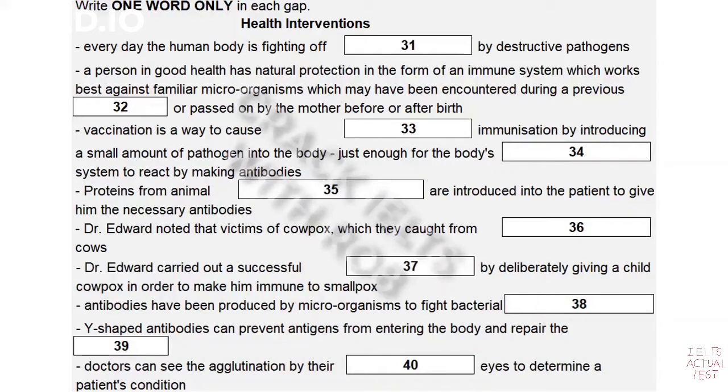Actively, when a person has first suffered and then recovered from an illness, and passively, when ready-made protection is transferred into the body, for example, from the maternal blood via the umbilical cord to an unborn child, or through breast milk. Now, artificially acquired immunity can help the body to fight disease, so we can use active immunization as a preventative measure.